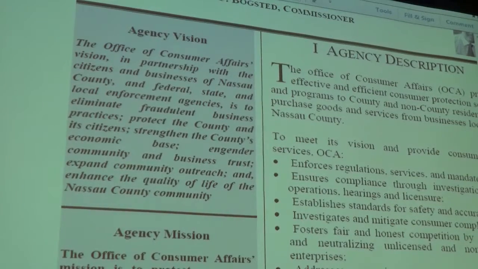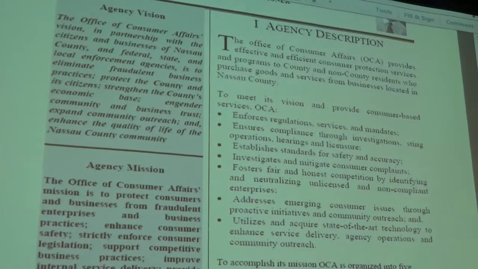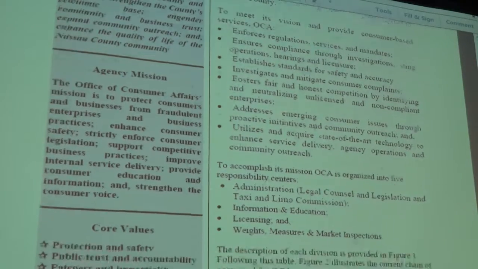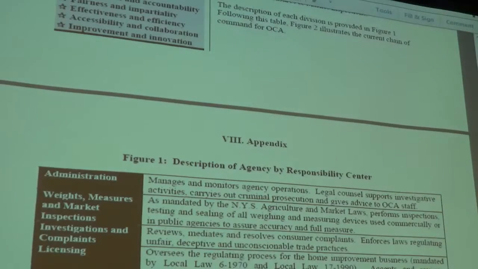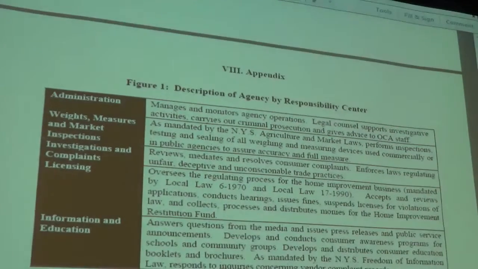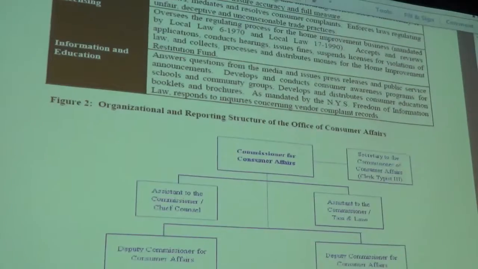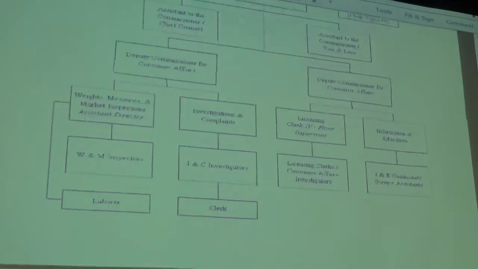You have the agency vision, the agency mission, and the core values. There is a description of the agency and responsibility centers for each division. We have the organizational chart.